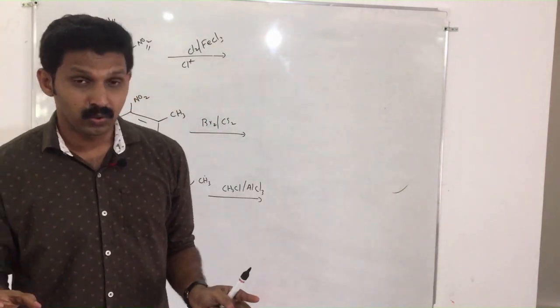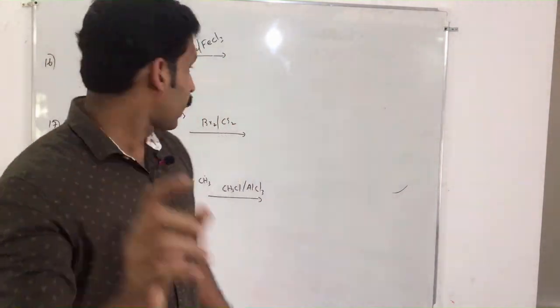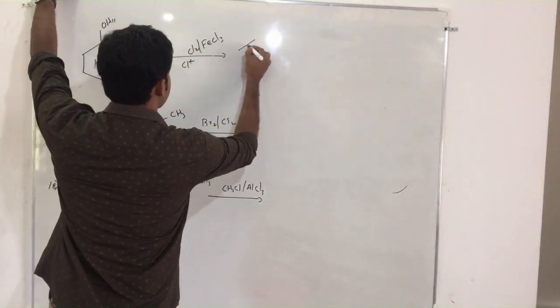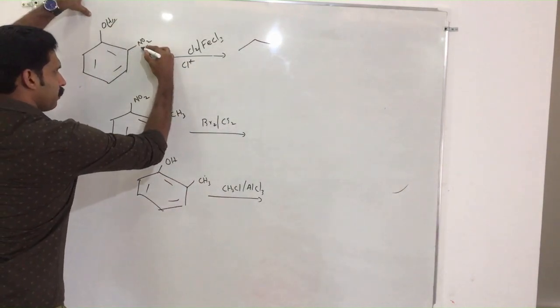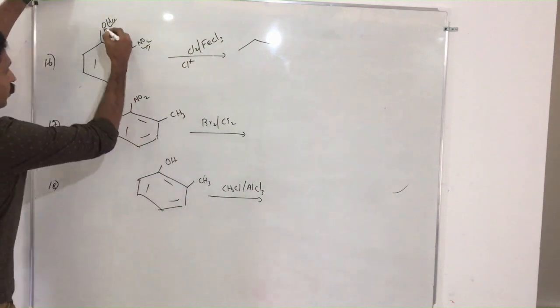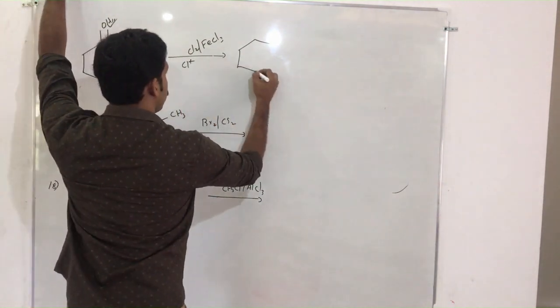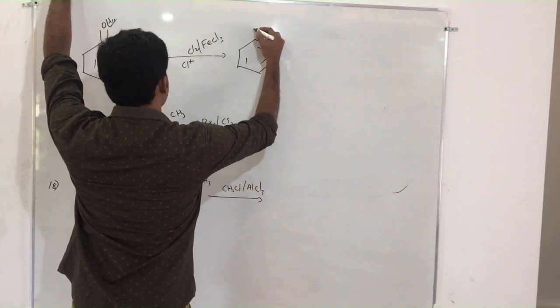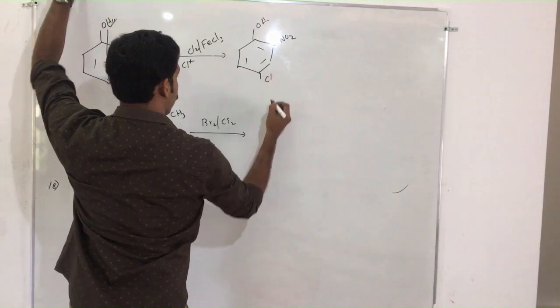Activating groups preferably send the electrophile to the para position. Therefore it will go to the para position of the activating group. Therefore the answer is OH, then NO2, and here it is chlorine. This is the major product.